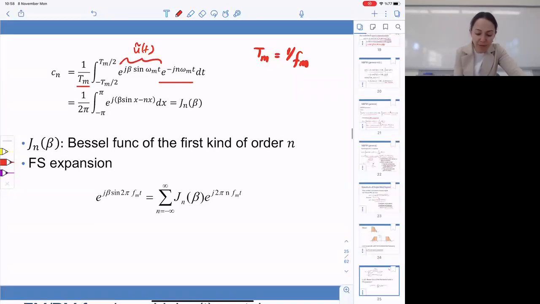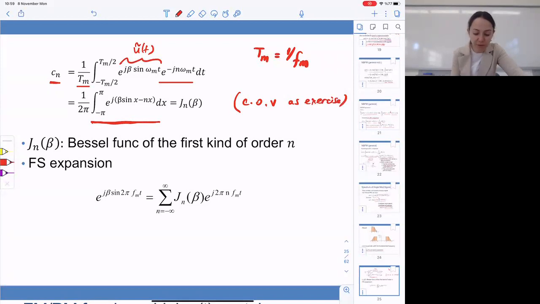And to find the nth Fourier series coefficient, we are essentially taking the inner product with the nth order harmonic in the series. And with a change of variables, you can show that this integral is from minus pi to pi. So do this as homework. Change of variables as exercise.